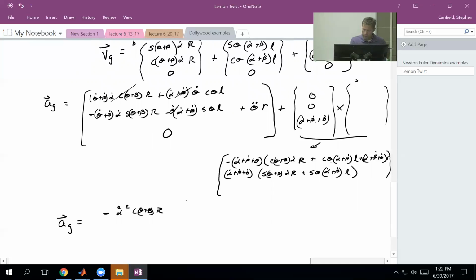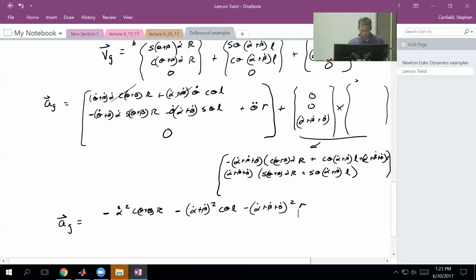So that term cancels, but I still have a minus alpha dot plus beta dot times alpha dot plus beta dot, I guess I could just call that squared, cosine theta L. And then finally, I do have this minus alpha dot plus beta dot plus theta dot squared R.